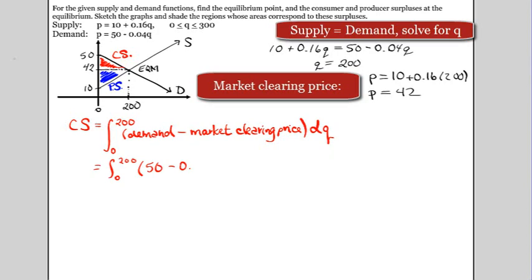Demand is given by 50 minus 0.04Q, minus 42, the market clearing price. I'll combine 50 with negative 42.